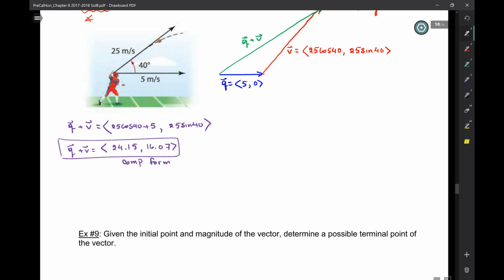Now, for magnitude, what do I have to do? That's the magnitude of Q plus V. I'm going to take the square root of 24.15 squared plus 16.07 squared. Right? So how much?